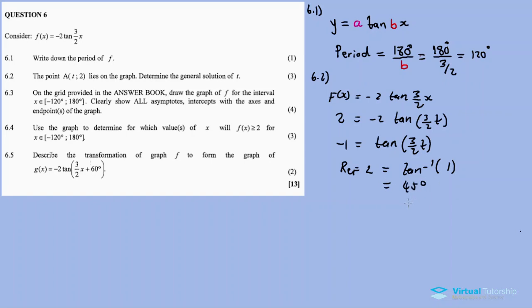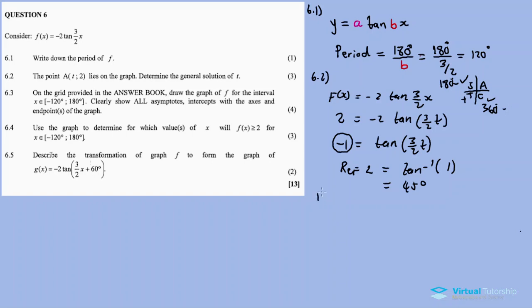This is the reference angle, right? Now check where tan is negative. According to the CAST rule, tan is positive in the third quadrant, so it is negative in the second as well as the fourth quadrant. In the second it is 180 minus, in the third it is 180 plus or 360 minus, and in the fourth quadrant it is 360 minus.